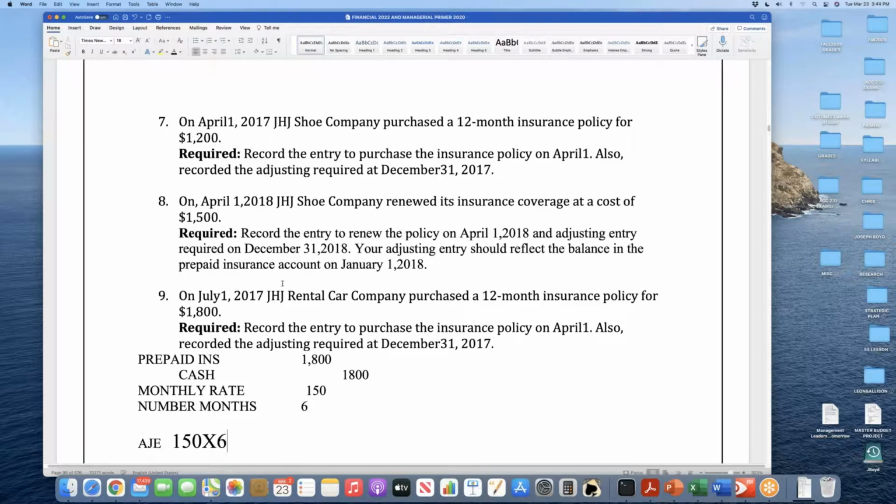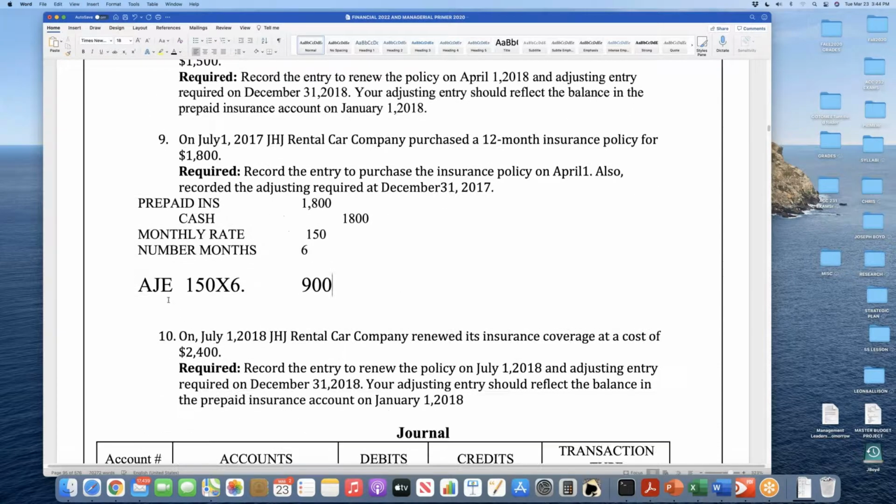Y'all see that? The AJE is simply 150 times 6. So 150 times 6 is what? 900.